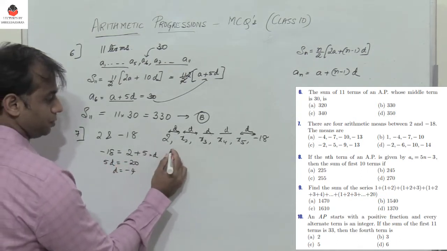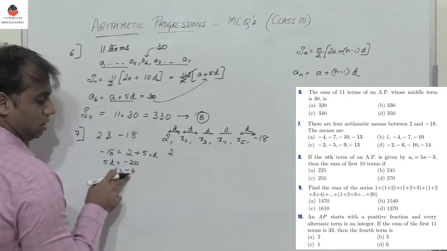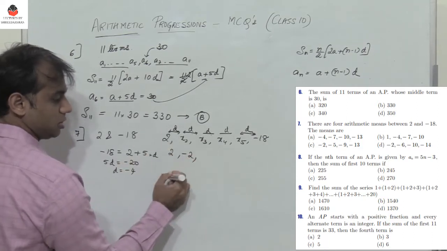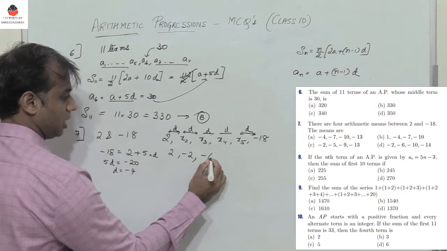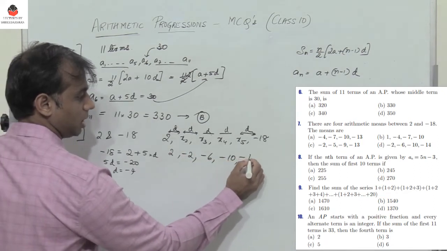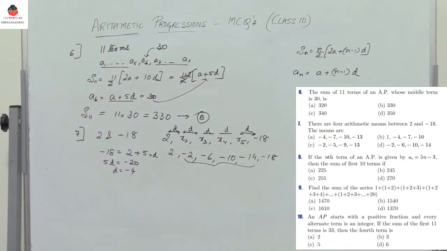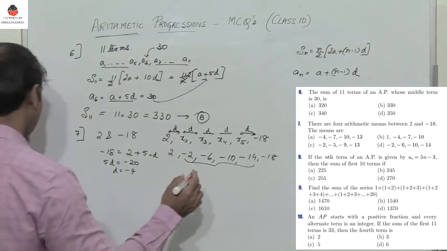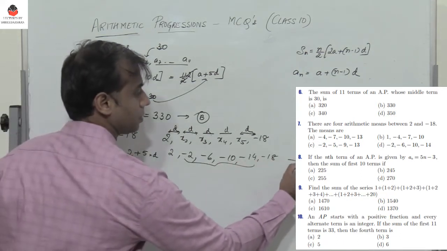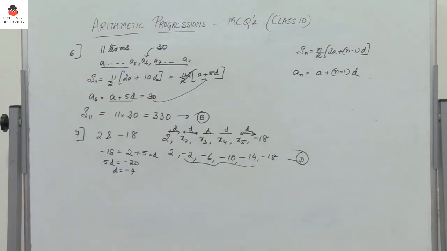So I have 2 plus D, which is minus 4. So the next term is minus 2. Minus 2 minus 4 is minus 6. Then you have minus 10, minus 14 and minus 18. So these are the 4 middle terms. So observe all the 4 options. Minus 2, minus 6, minus 10, minus 14 corresponds to option D. So D happens to be the right answer.